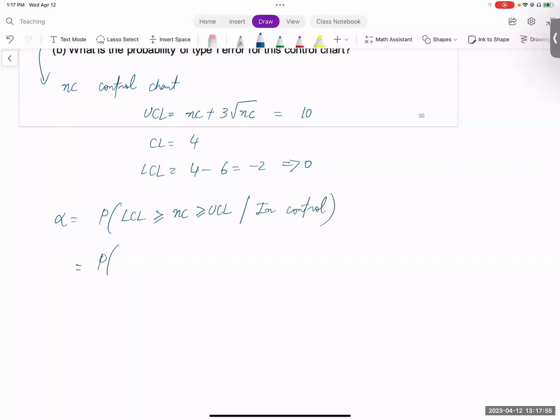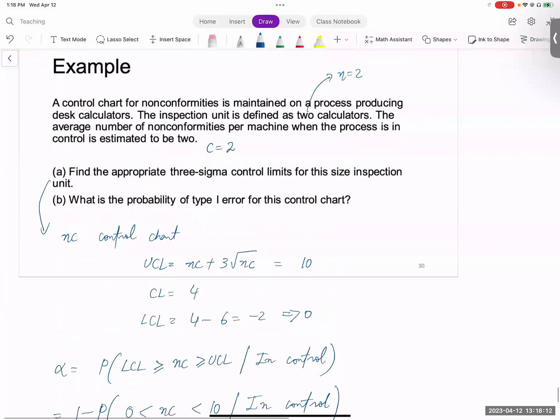Actually, let's say this is equal to 1 minus probability nc less than 10, greater than 0, given in control. And this is exactly the same problem that we have just done a few minutes ago.